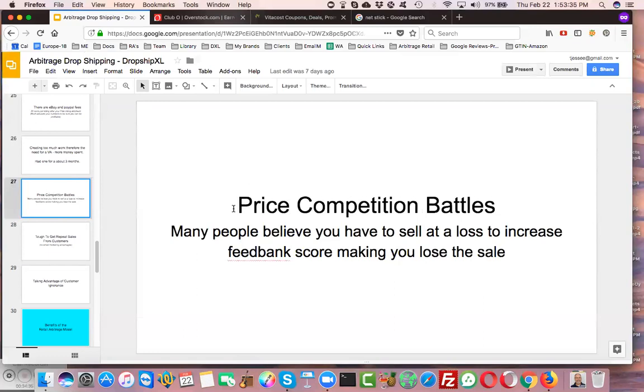But one of the huge benefits of working with the right type of supplier who has a minimum advertised pricing agreement in place is that you can't advertise that product below a certain price. And that's what I teach in Dropship Excel and also my mentoring. But with your experience, with the price competition battles that you saw, a lot of people would increase just the feedback scores and take a loss on the sale just for that sake alone, right?